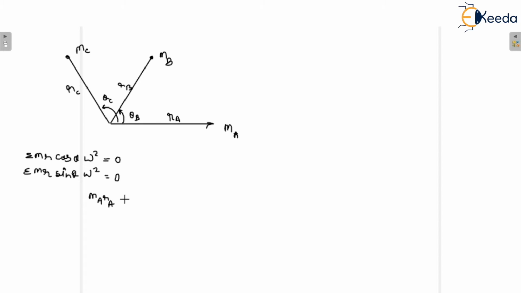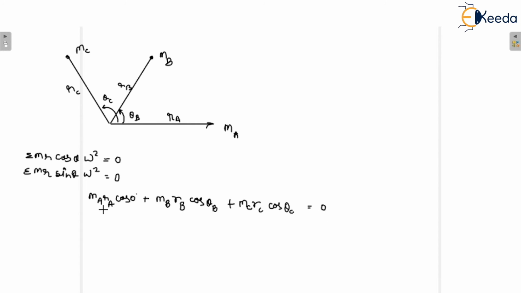So MARA cos 0 plus MBRB cos theta B, where I have assumed theta B is the angle, and similarly MCRC cos of theta C, and that is equal to 0.